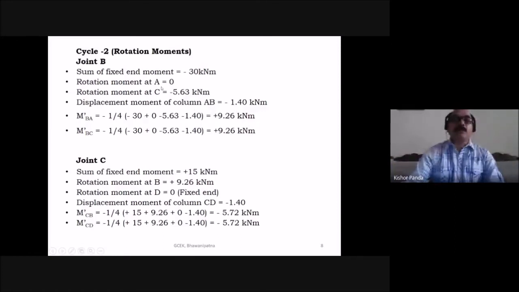Then you put this value and find out M dash BA equals minus 1 by 4 times minus 30 plus 0 minus 5.63 minus 1.40. This is your 9.26. Similarly, M dash BC is also minus 1 by 4 times minus 30 plus 0 minus 5.63 and minus 1.4. This is your 9.26.